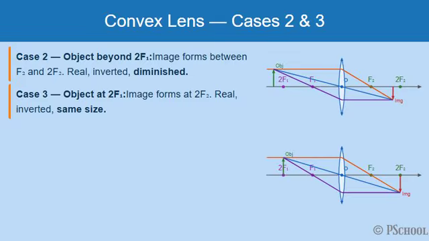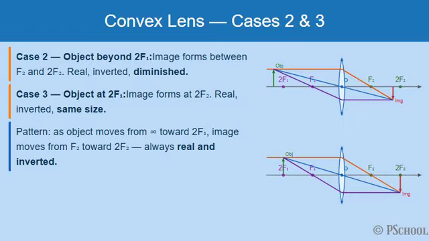All three rays meet exactly at 2f2. The image is real, inverted, and the same size as the object. Pattern: as the object moves from infinity toward 2f1, the image moves from f2 toward 2f2, always real and inverted.